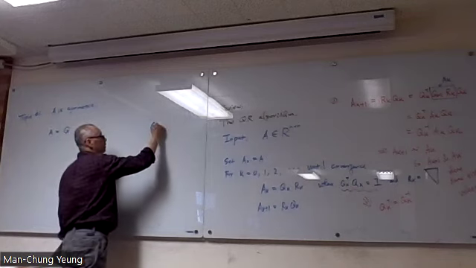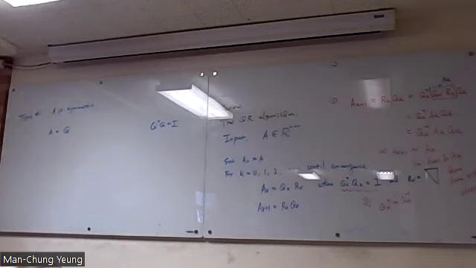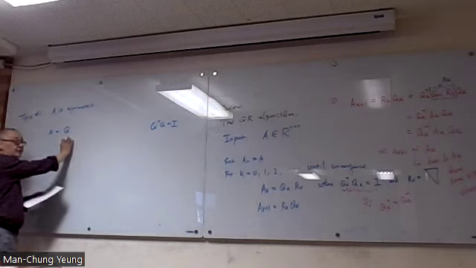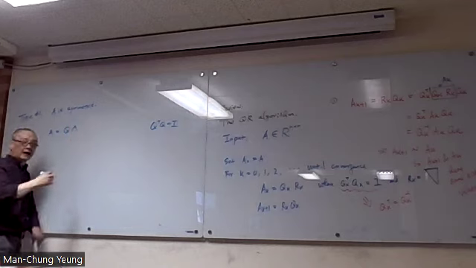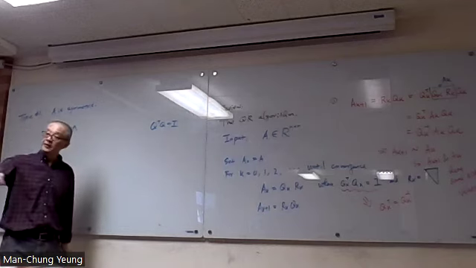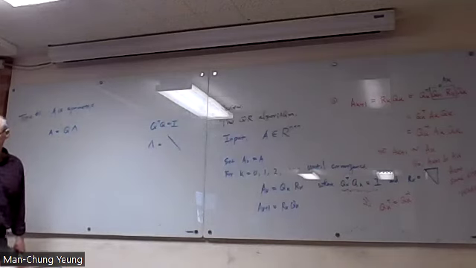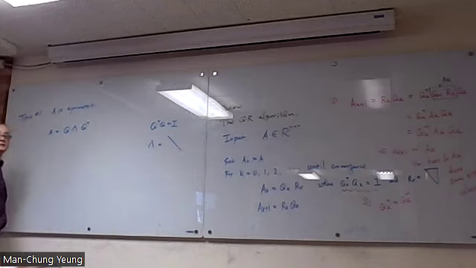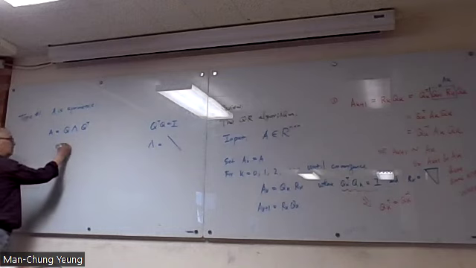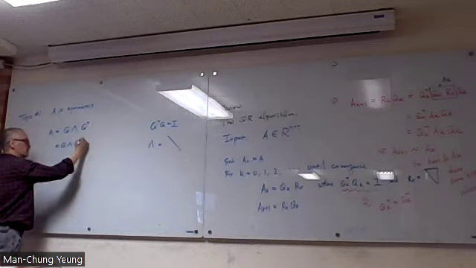We can find an orthogonal matrix Q so that A can be decomposed as Q times Lambda, a diagonal matrix, times Q transpose. Because Q is orthogonal, Q transpose is Q inverse.